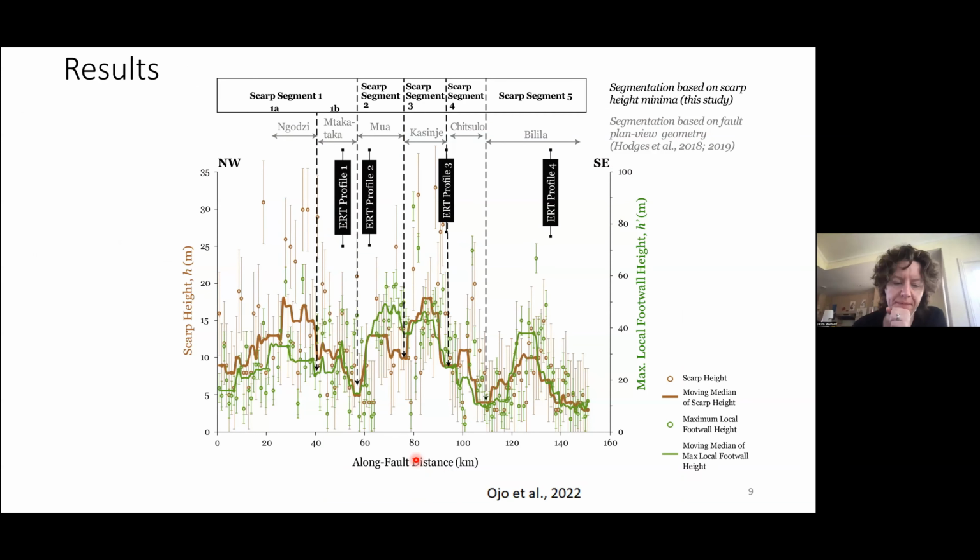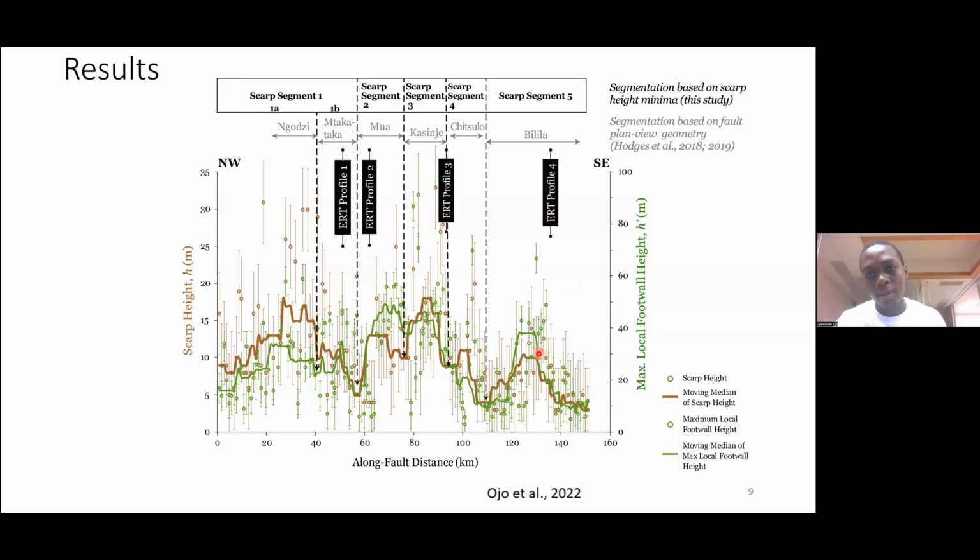All right. So we generated a length against throw plot. On the horizontal axis, we have the length of the fault, which goes from the northwest to the southeast. And in brown, we have the scarp height. In green, we have the local footwall height.